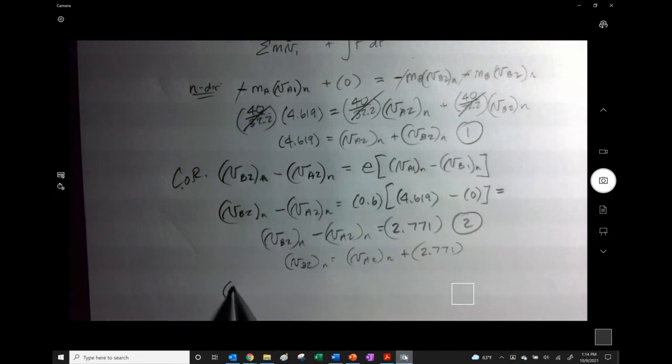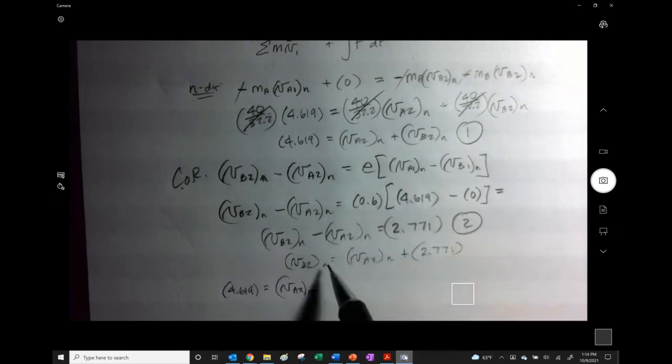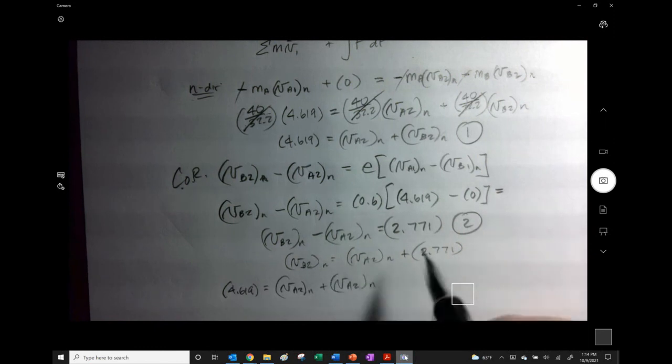So I say we got 4.619 is going to be equal to VA2n plus VA2n plus 2.771.